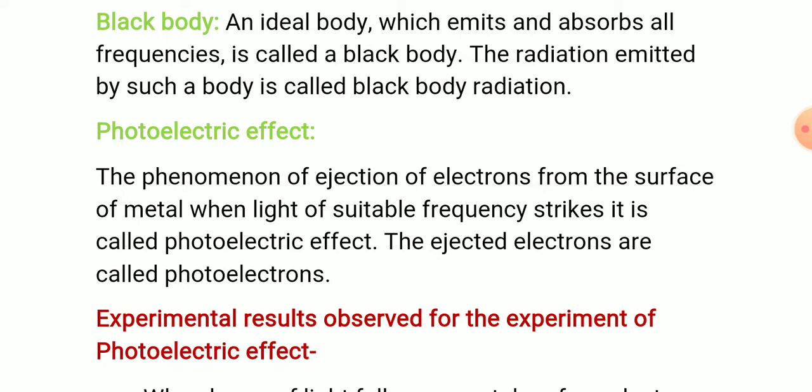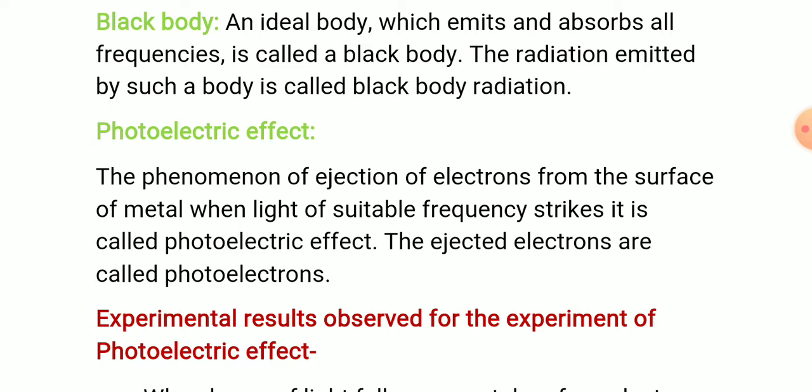Next, photoelectric effect. What is photoelectric effect? The phenomenon of ejection of electrons from the surface of a metal when light of suitable frequency strikes it is called photoelectric effect. That is, if you shine light of suitable frequency on a metal surface, electrons will eject from the metal surface.